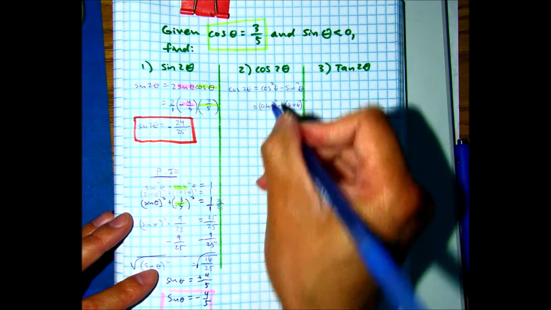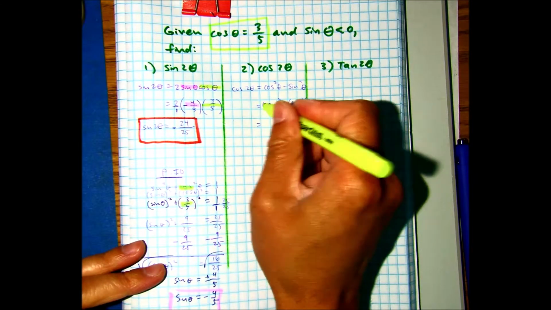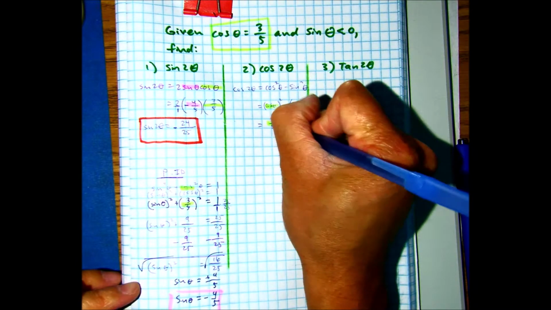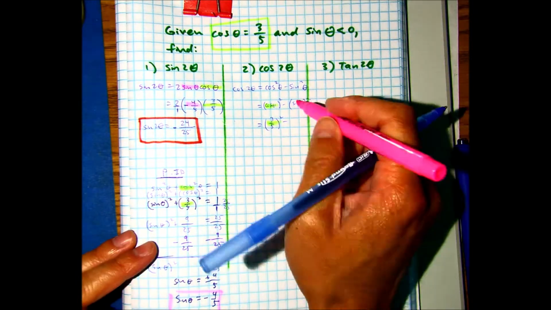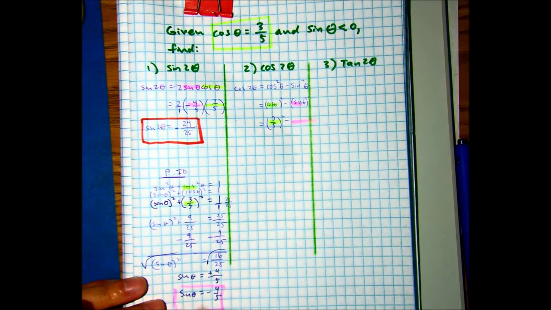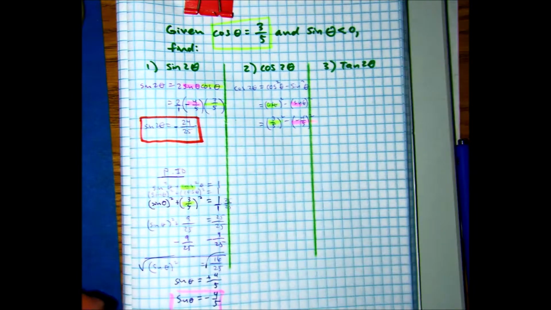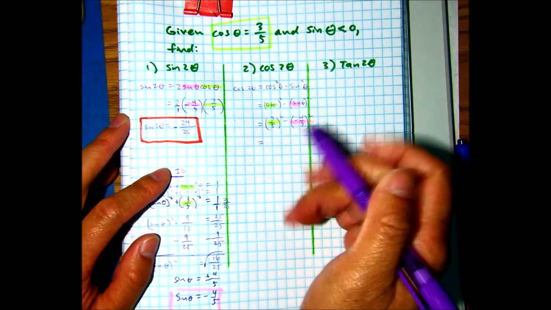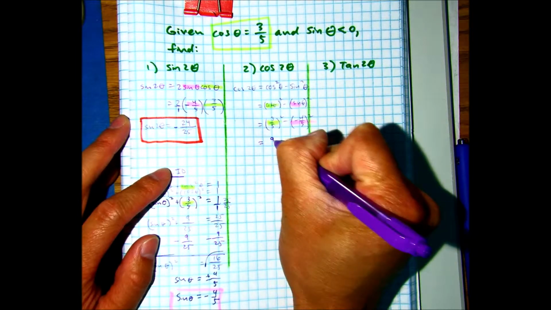So we just put in our numbers. Cosine of theta is how much? 3 over 5, squared. Sine of theta is? Negative 4 over 5, squared. And then 3/5 times 3/5 is 9 over 25.